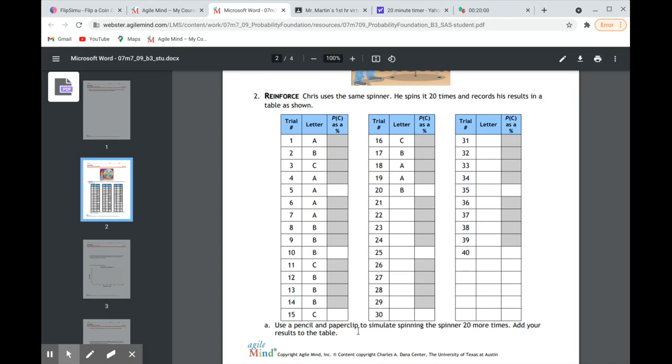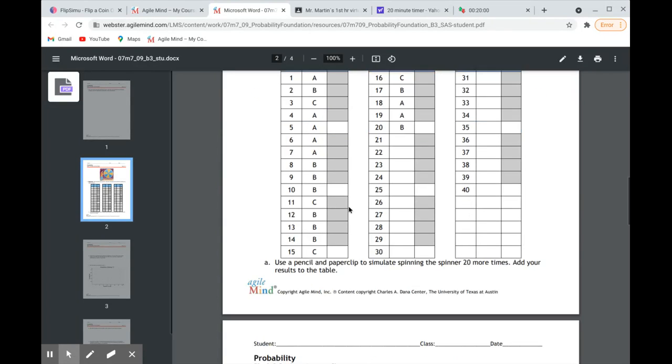So what you can do is you can take a pencil and a paper clip, or a pen and a paper clip, and you can put the paper clip right here on the bottom and you can spin it. Or you can go to a simulator and spin it using your mouse on your computer if you want to.